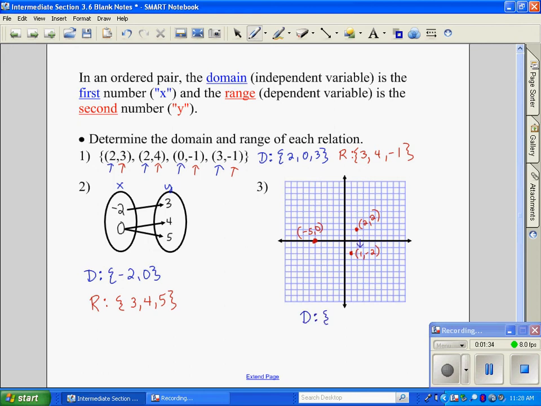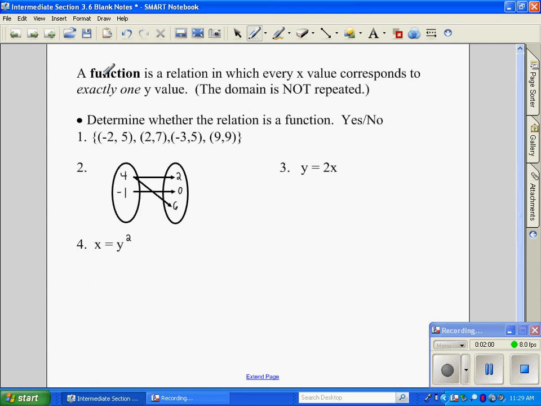So I have 1, 2, and -5. My range, I'm going to list 2, -2, and 0.